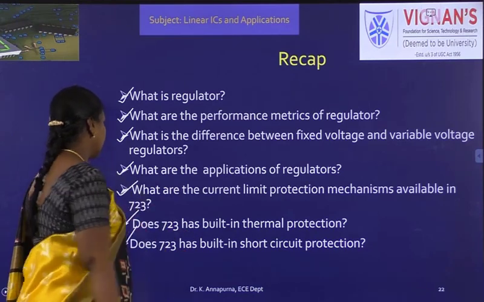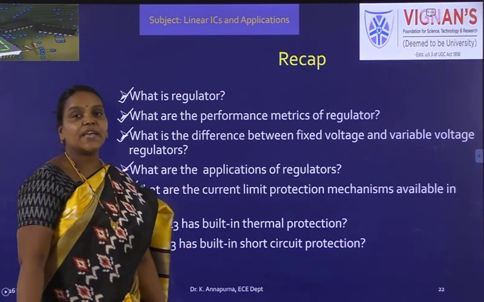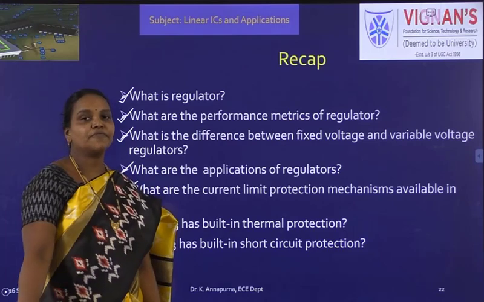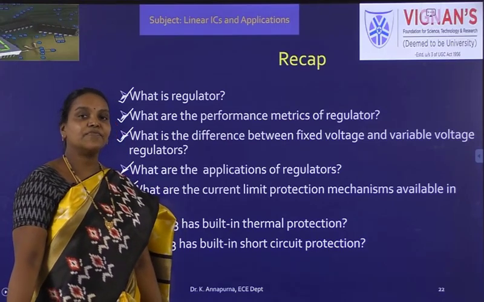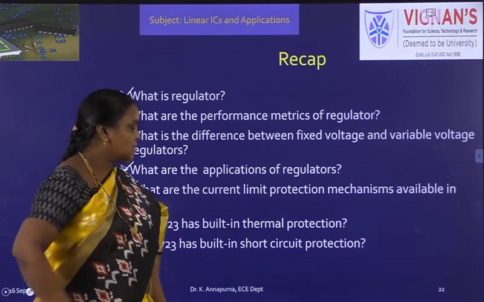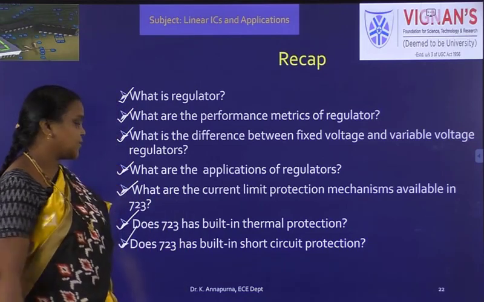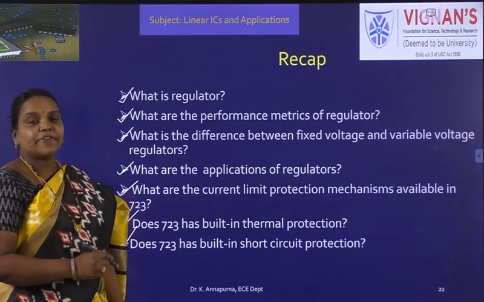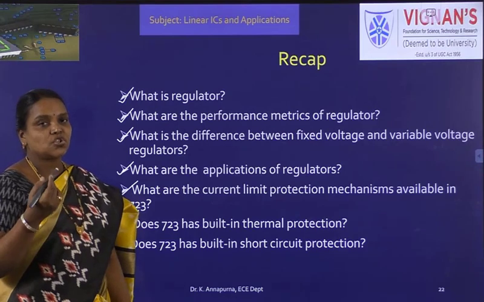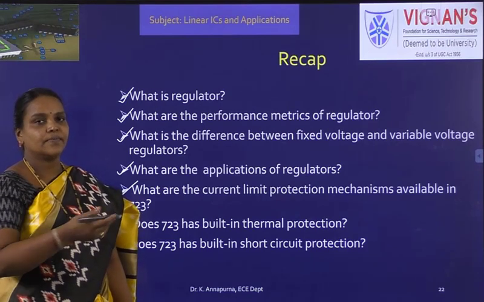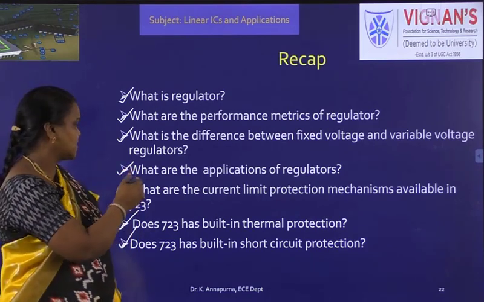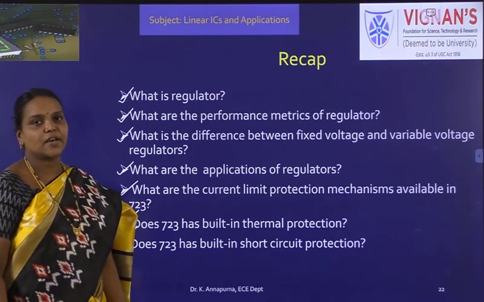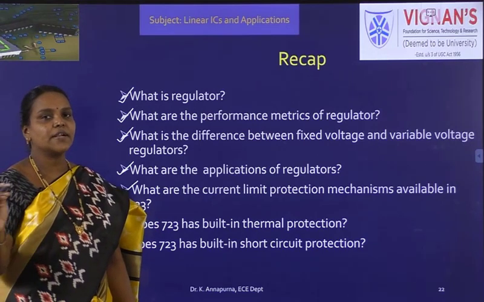No. But the 723 has many advantages over fixed voltage regulators. In a fixed voltage regulator we have thermal protection, inbuilt protection. In the 723, even though we do not have inbuilt short circuit protection, with the help of these two current limit mechanisms, we are able to save the device.